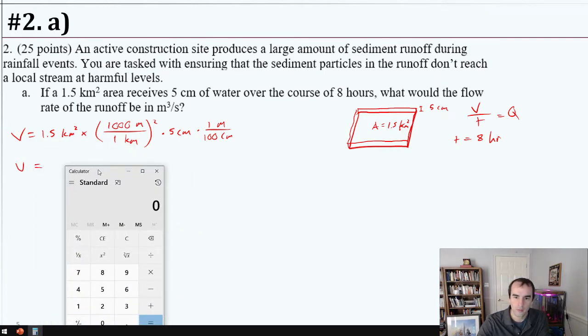For the 1.5, that's really 1.5 times 10 to the 6. We're going to multiply it by 5, so that would be 7.5 times 10 to the 6. And then we're going to divide it by 100. So that yields 7.5 times 10 to the 4th.